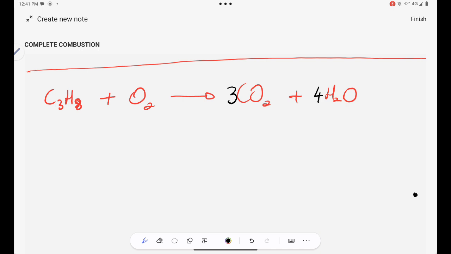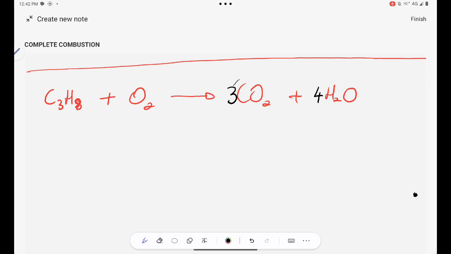And then now all I have to do is to find the number of oxygens. For oxygens, whatever number of oxygens I get on the right hand side, on the left hand side for my coefficient, I just need to write down half of that number. Let's see. On the right hand side, how many oxygens do we have?